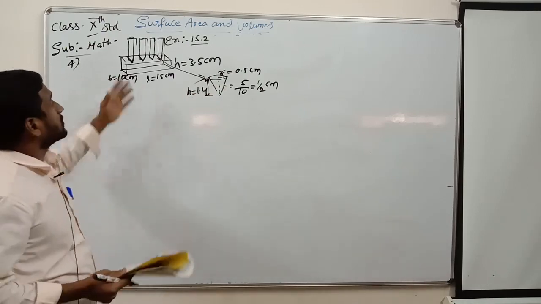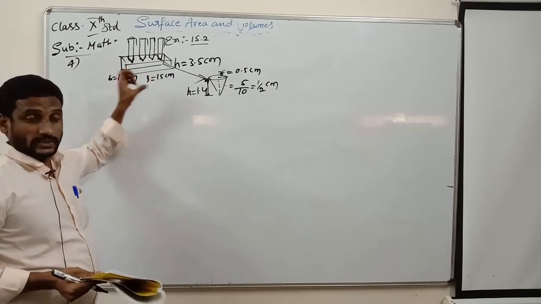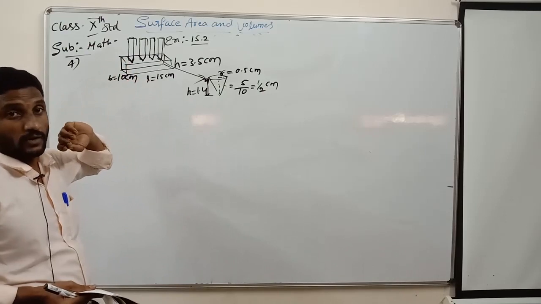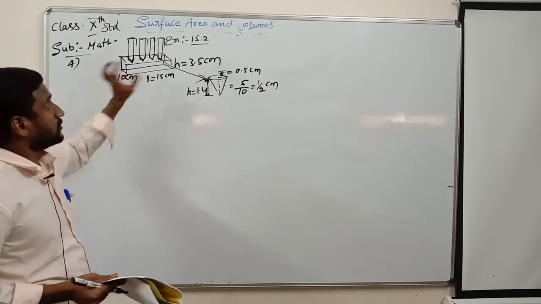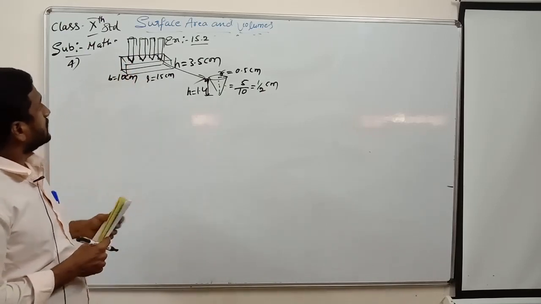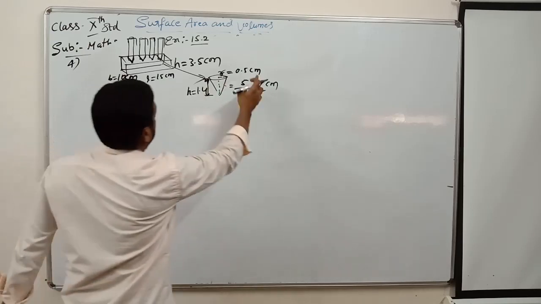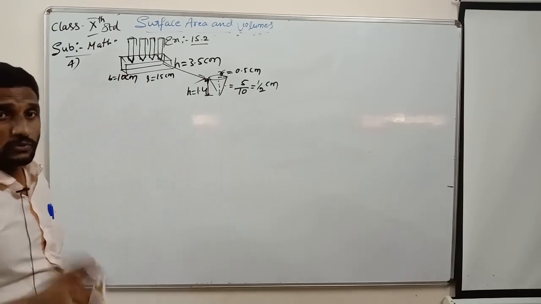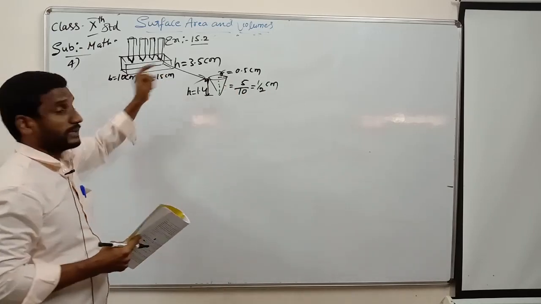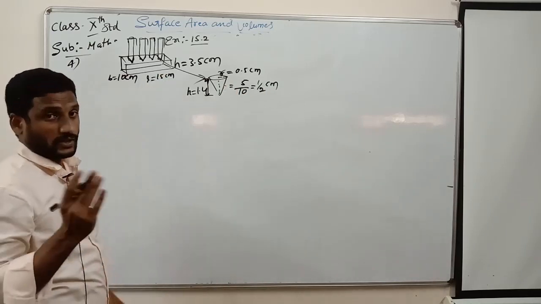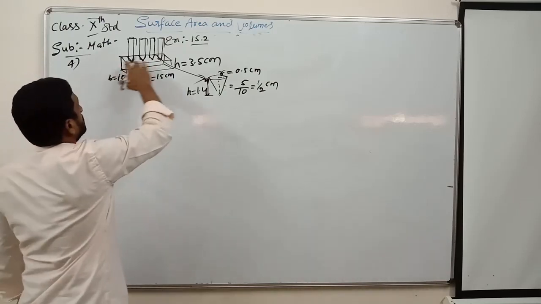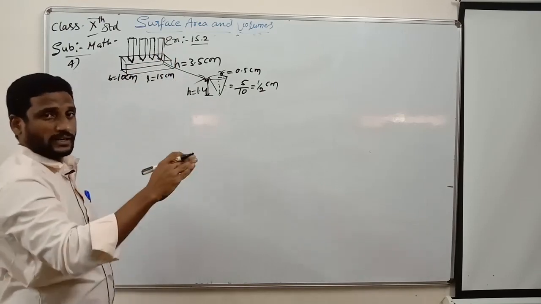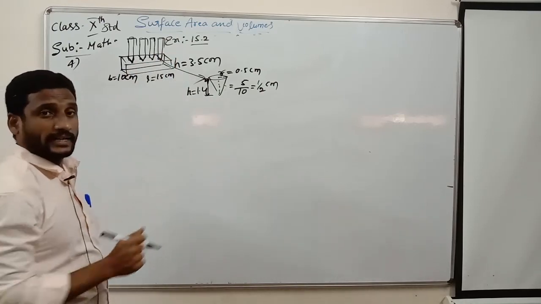Find the volume of the wood in the entire stand. So how much wood is used here? That is the volume of the wood, which you have to calculate: how much volume is required to make this cuboid. He has given the radius and the height. You should first find the volume of the cuboid. We know the formula is length into breadth into height; assuming a flat top surface, you get the entire volume of the wood.